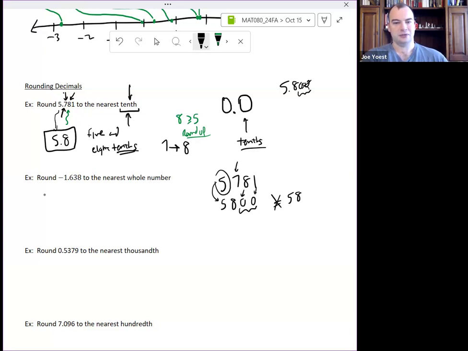Okay, let's look at negative 1.638, rounding to the nearest whole number. Our place of interest is this 1 here, and then we see 6. So 6 is bigger than or equal to 5, so we want to round up.